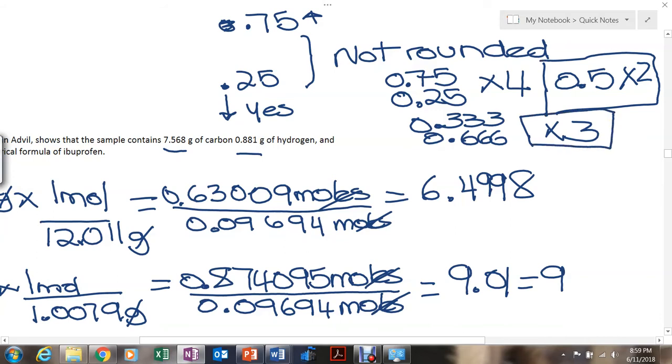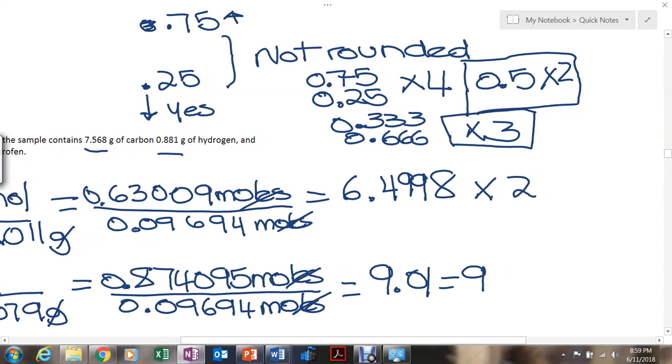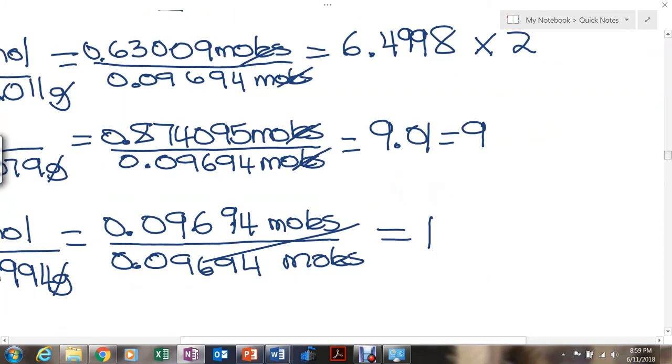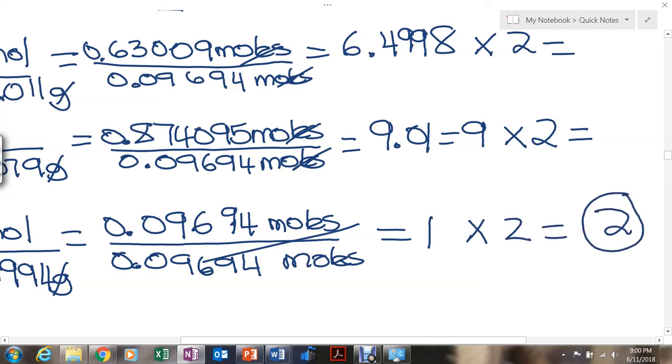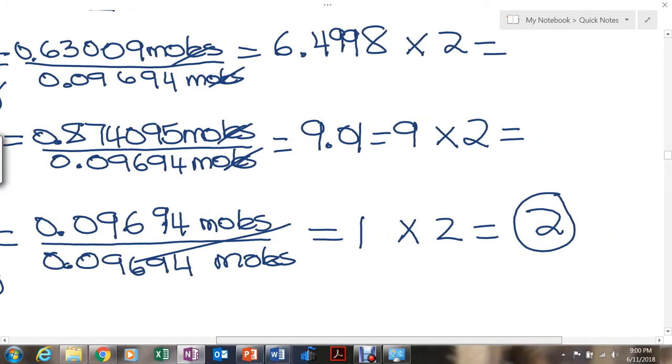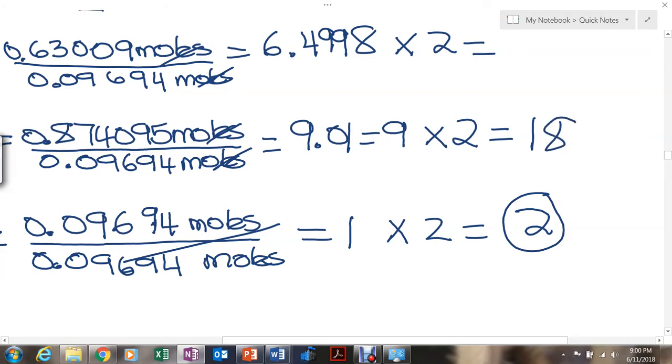In this case, this is a 0.5, 6.5, so you need to multiply by 2 to get the whole number. But you need to multiply everything by 2, because if not, you'll mess up the ratio. So this is 2, this is 18, and this would be 13. And you got your whole numbers.